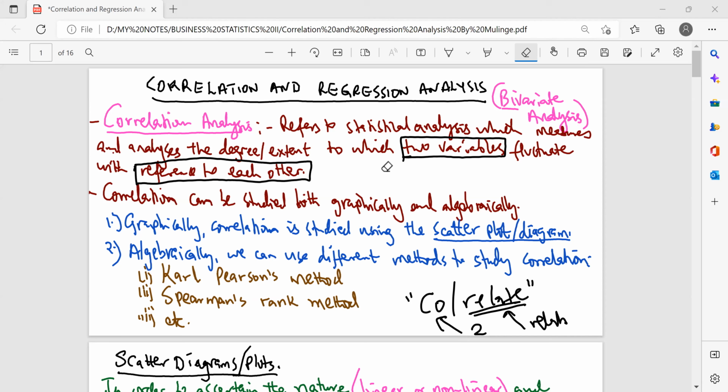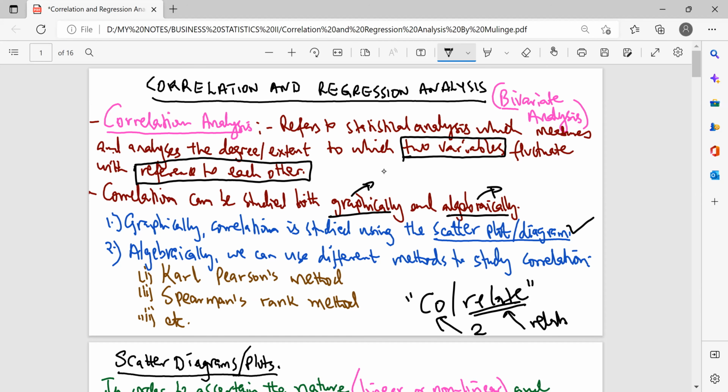Now, correlation can be studied both graphically and also algebraically. By algebraically, I mean that we use a formula, or you can use a graphical representation of data to understand the relationship that exists between two variables. So graphically, correlation is studied using what we call scatter diagrams or scatter plots.